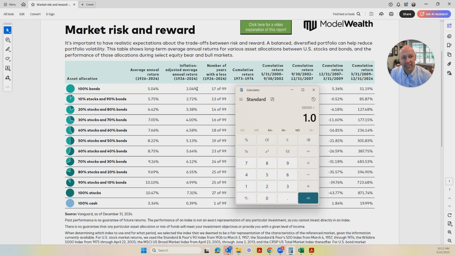So times 1.0204, twenty times. So here is a $100,000 investment growing to today's feel of just under $150,000 over the next 20 years.